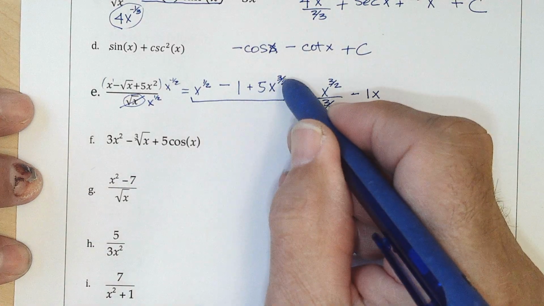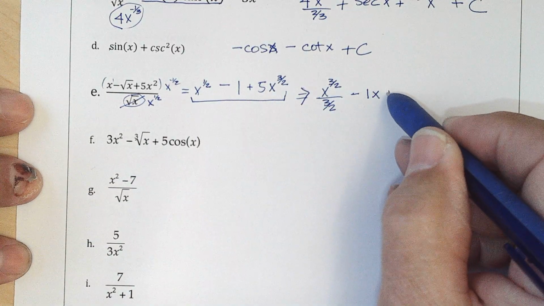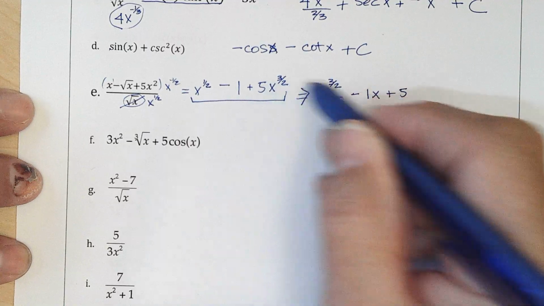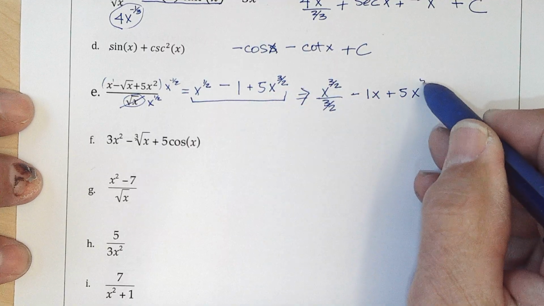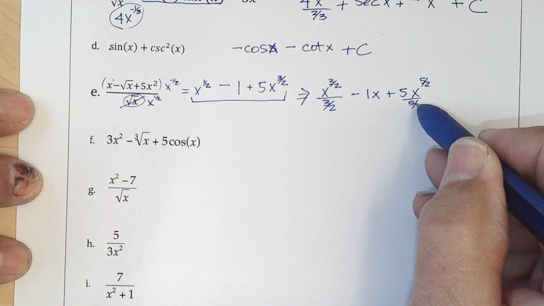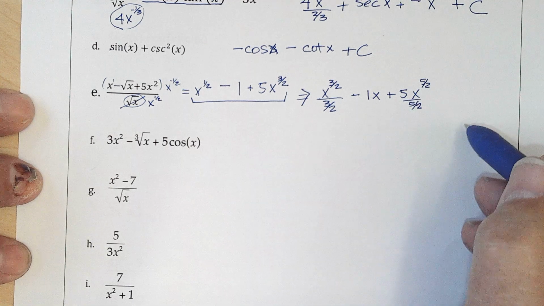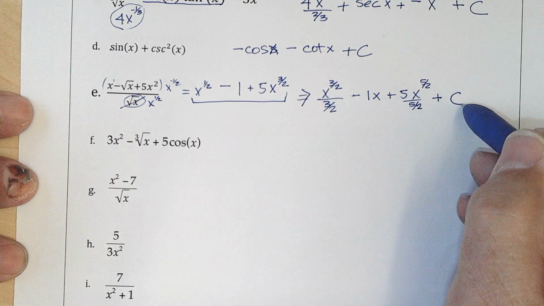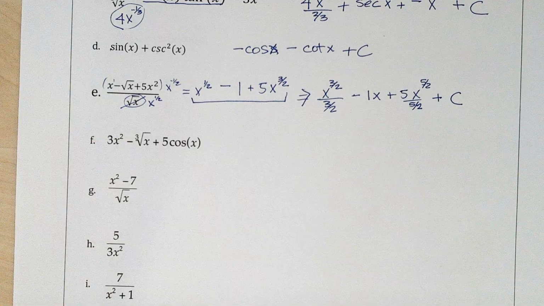And the antiderivative of this is going to be 5. Add 1 to 3 halves is 5 halves divided by 5 halves, or times 2/5. So the 5s would actually cancel, but I don't need to do this. That and plus c.